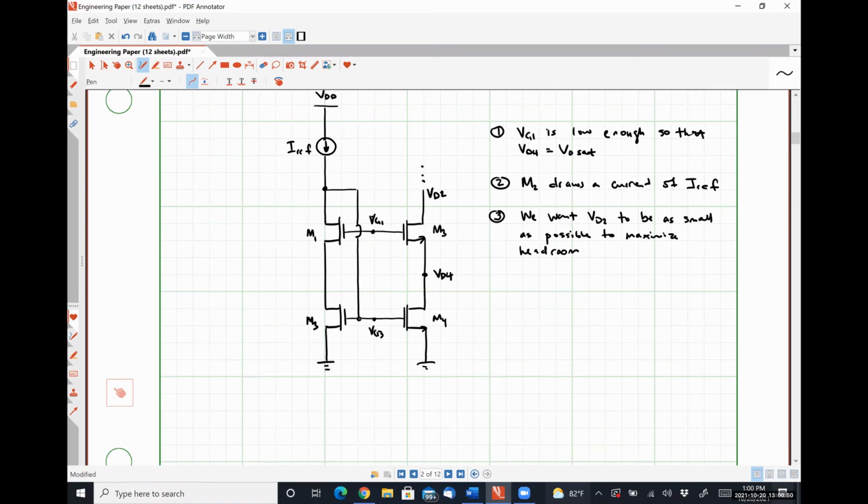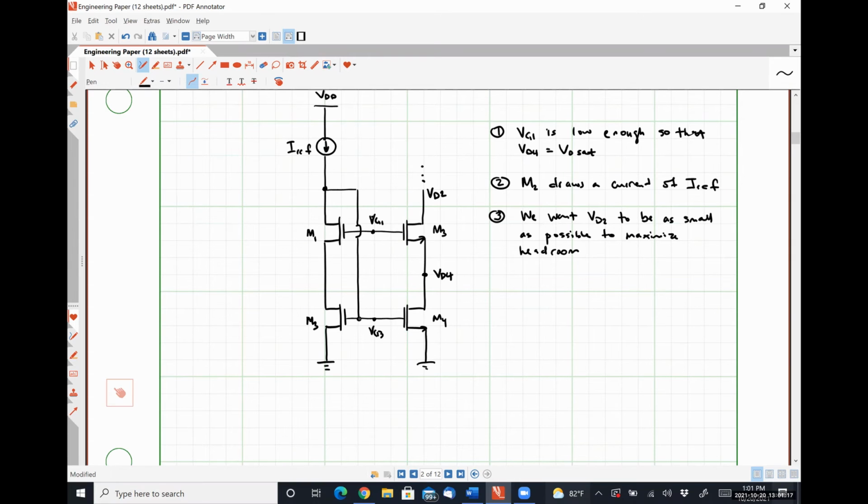All right. So that's going to force VG1 to be smaller. We'll talk about that in a moment, but it gives me a little bit of a dilemma because now VG1 isn't at a fixed value anymore.